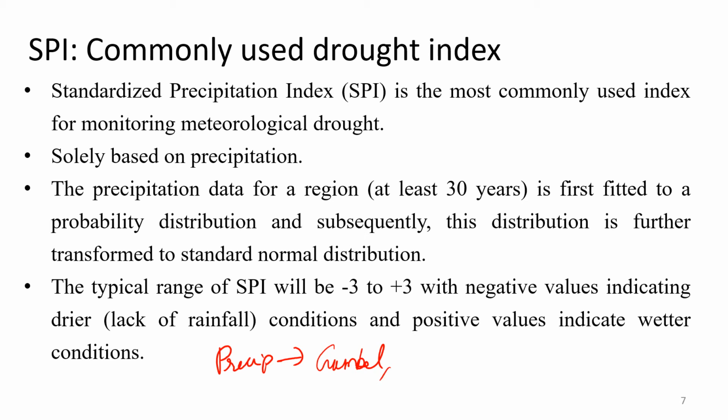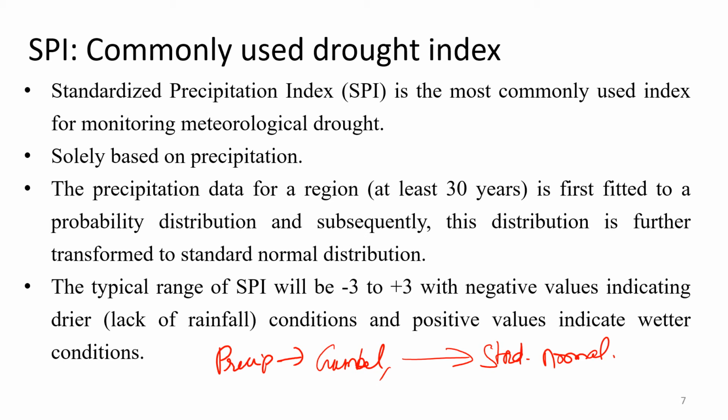Convert the data into any one distribution and then convert that distribution to standard normal. So it will convert the normal rainfall for a region to 0, because we are using a standard normal distribution. So normal conditions will be defined by 0.